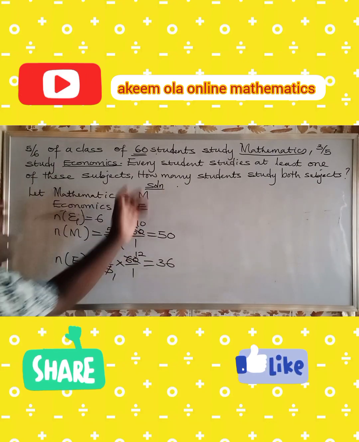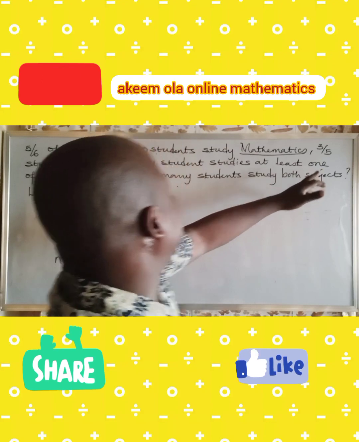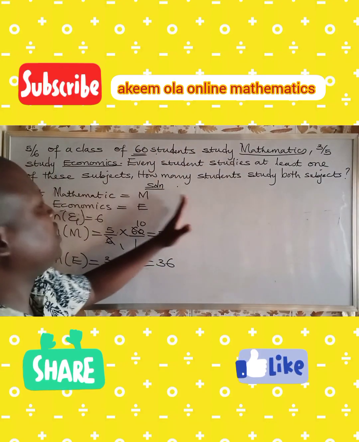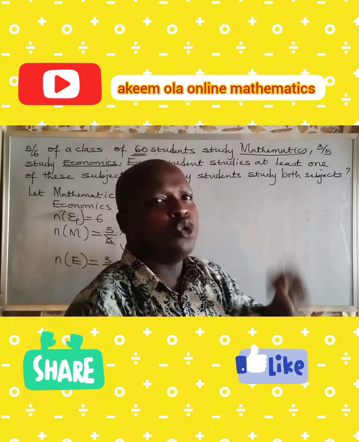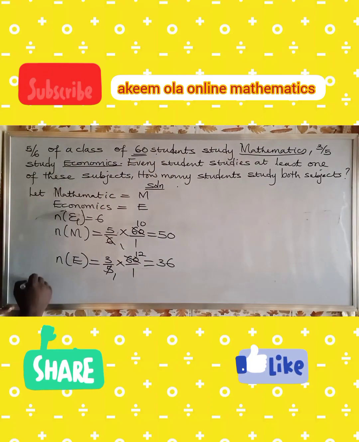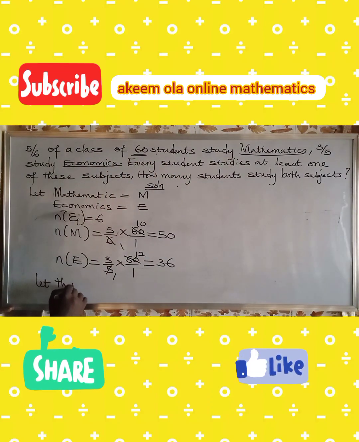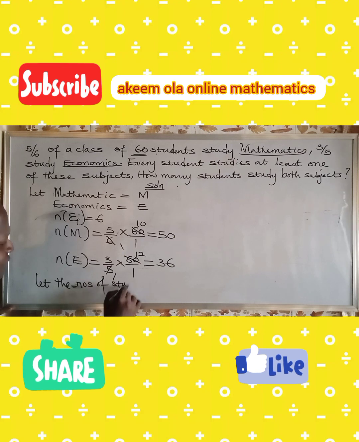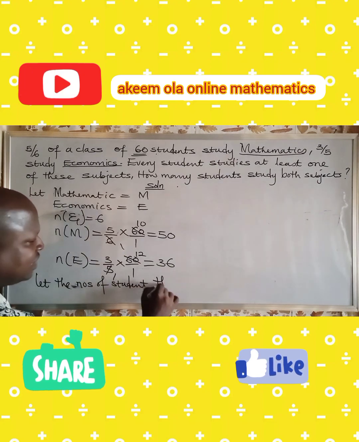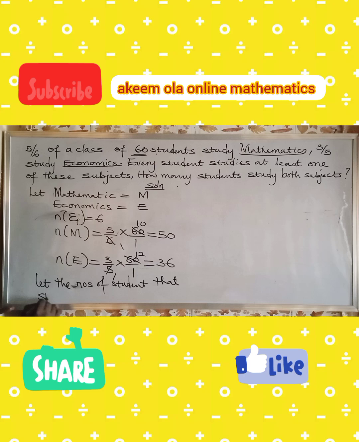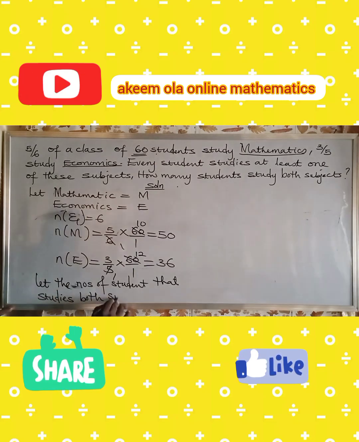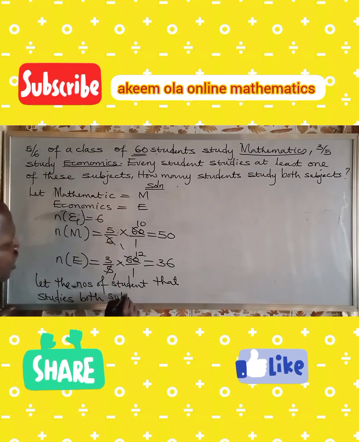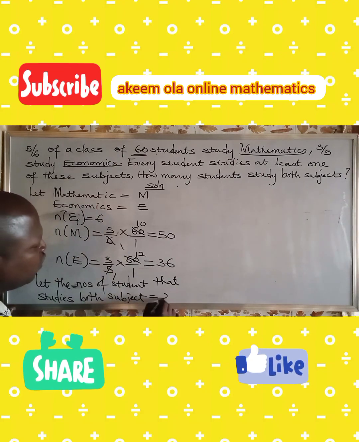Now, they say every student studies at least one of these subjects. How many students study both subjects? We can write, let the number of students that study both subjects, as in both mathematics and economics, be equal to x.